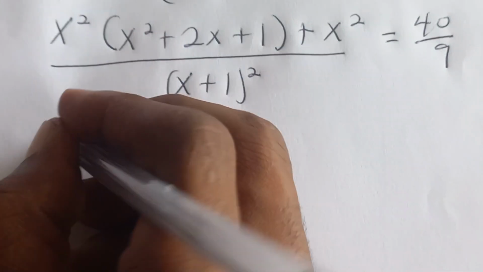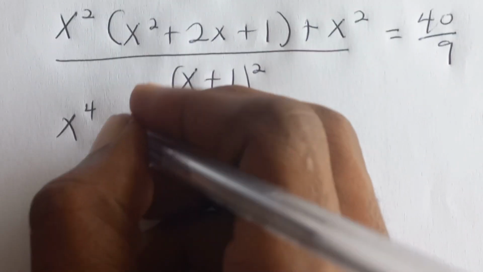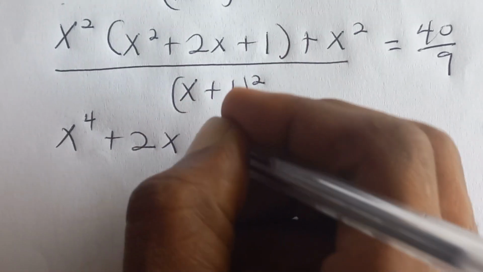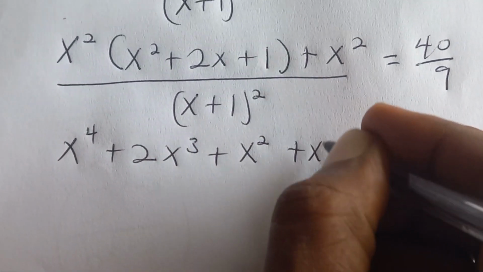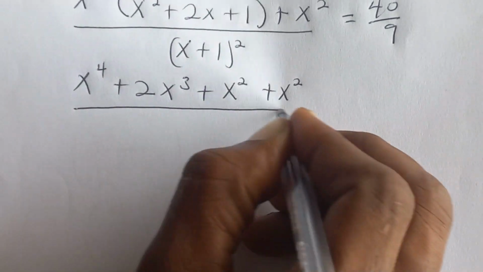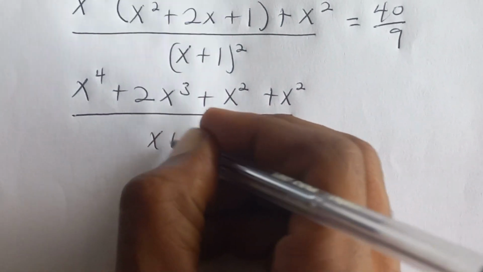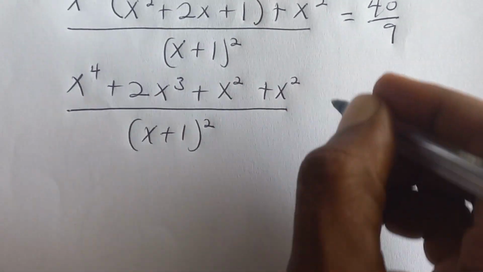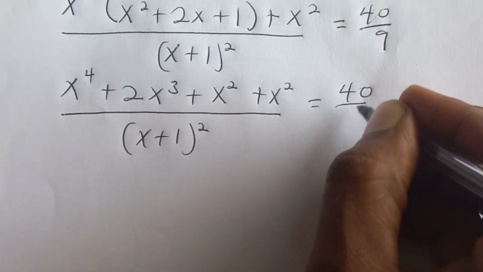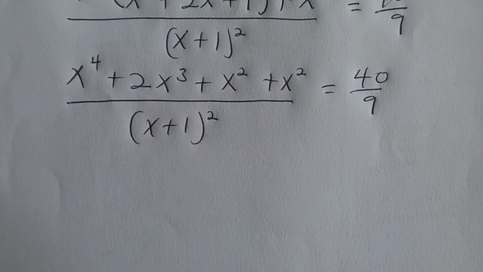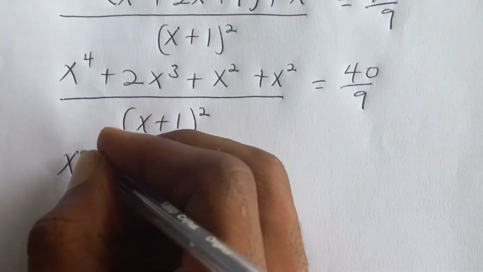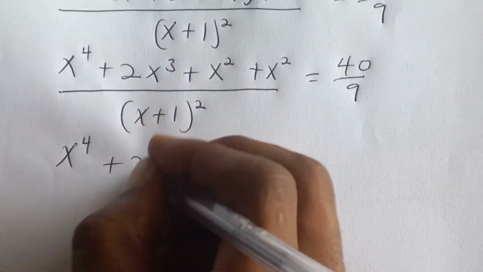So we have x to the power 4 plus 2x cubed plus x squared plus x squared. Okay, so now we can say that x to the power 4 plus 2.